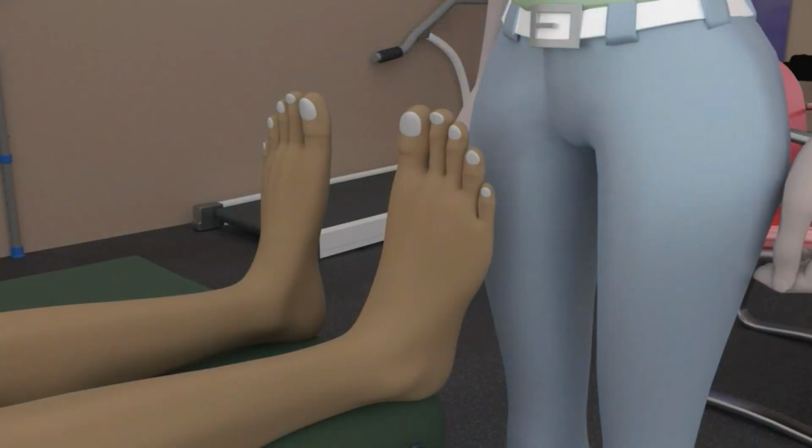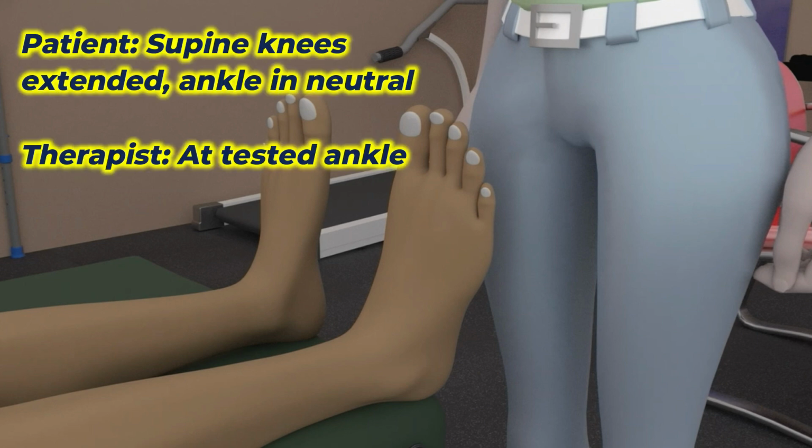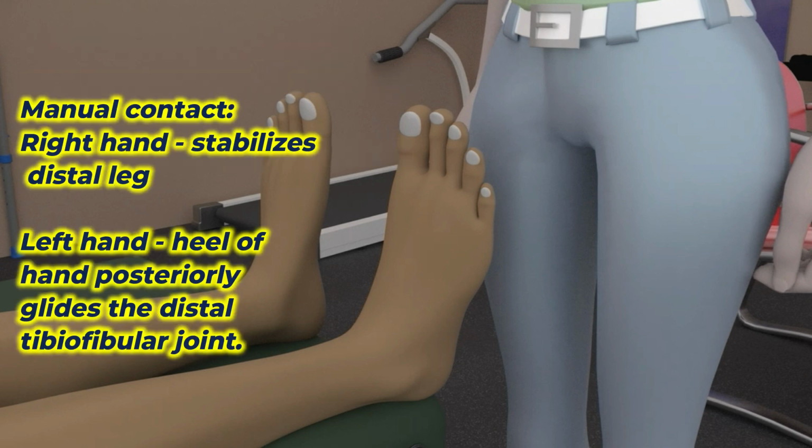To assess the last piece of the puzzle, which is the distal tibiofibular joint presence of a posterior glide, the position of the patient here will be in supine, the tested foot at the edge of the table, the therapist on the right anterior thigh utilizing that to stabilize the patient's right foot.